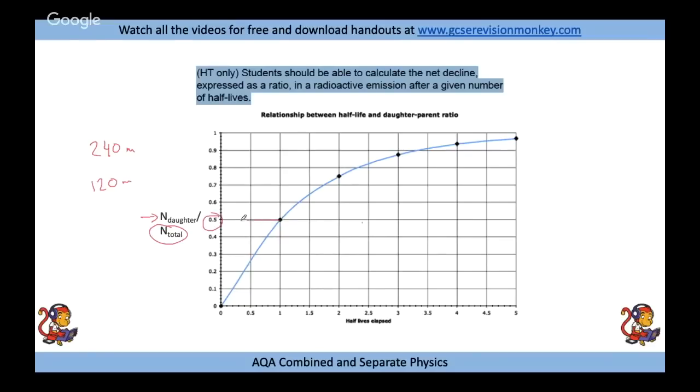Okay, so after one half-life, we're down to 0.5. After another half-life, well, we've lost half of the half. So now we're up to 0.75. Okay, and just like the numbers were before on the last screen, we're now up to 0.875 and so on. Just expressing the ratio of how many we've lost compared to what we started with.